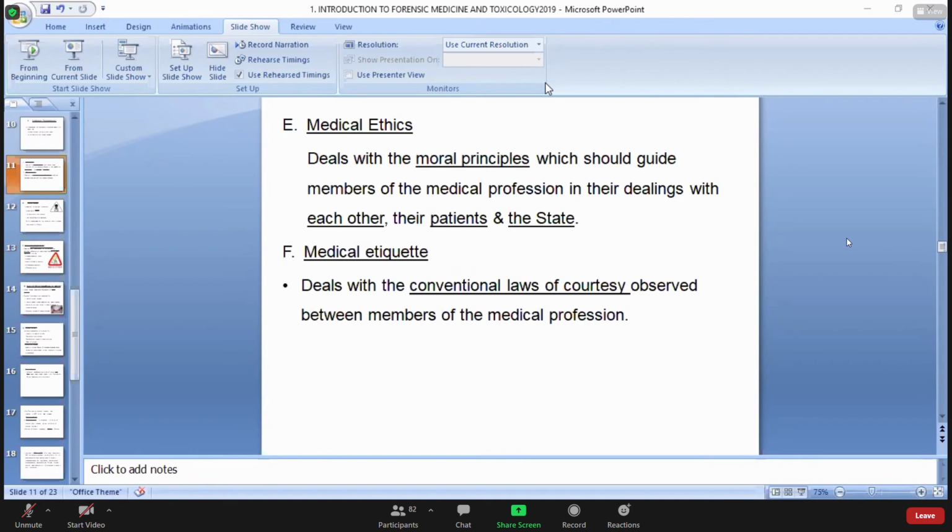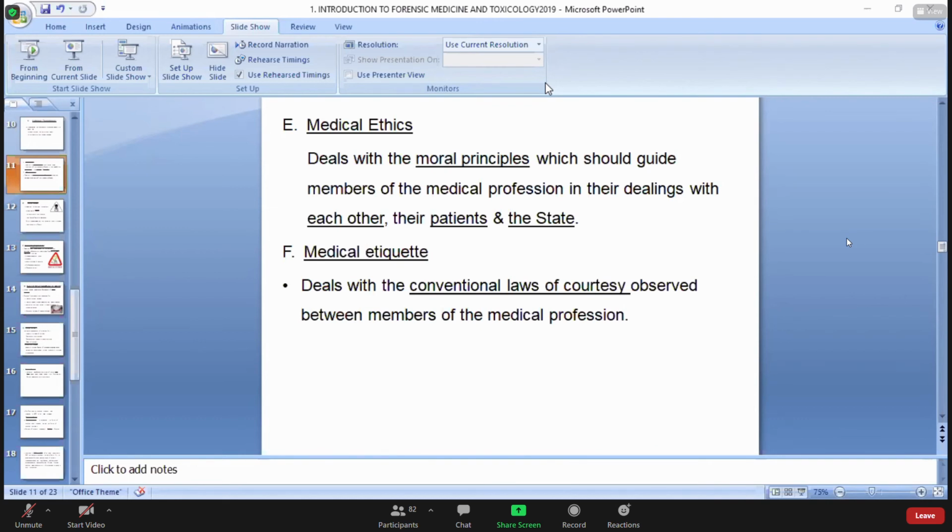What does it help you with? There is a code of conduct. It tells how you deal with each other: first with your colleagues, friends and colleagues, seniors and juniors. The code of conduct defines that.